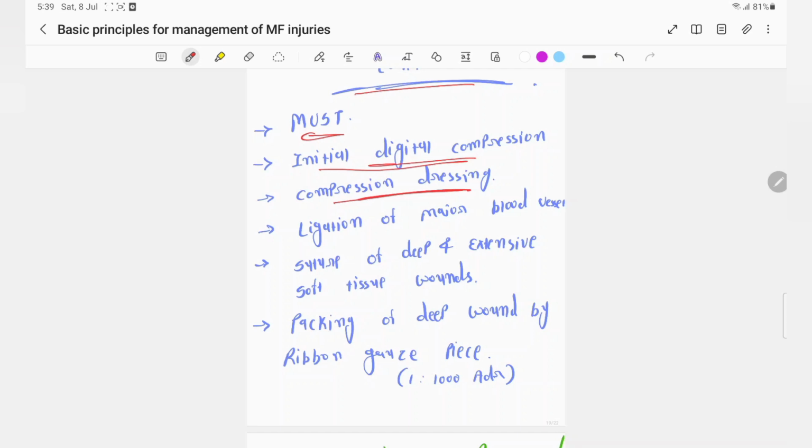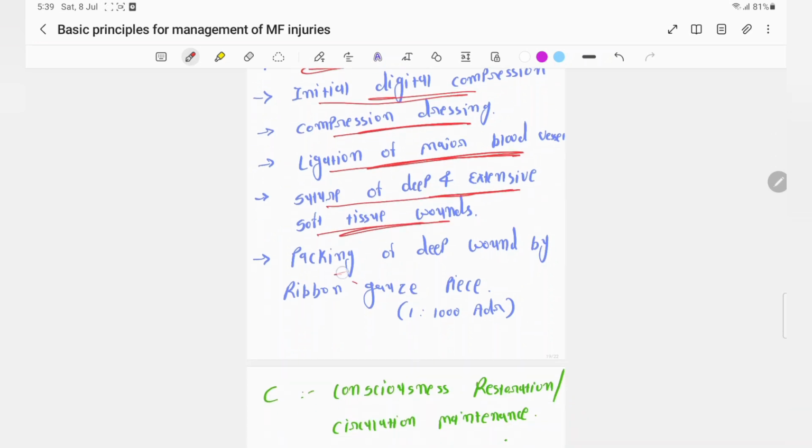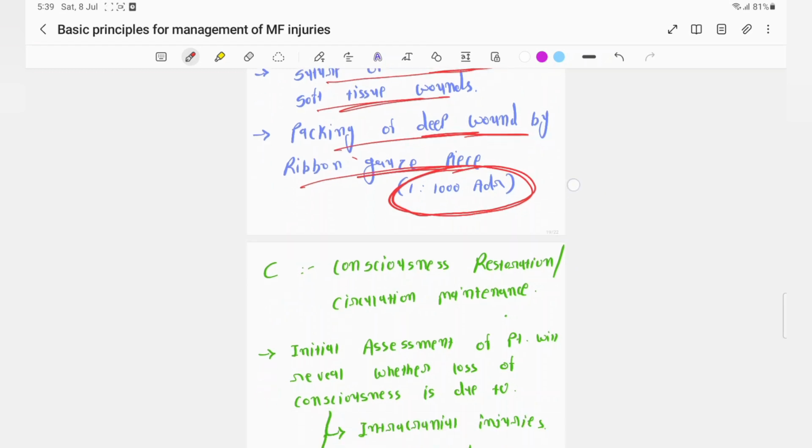Then we can ligate major blood vessels, suture deep and extensive soft tissue wounds, and go for packing of deep wounds with ribbon gauze soaked in 1 in 1000 adrenaline.